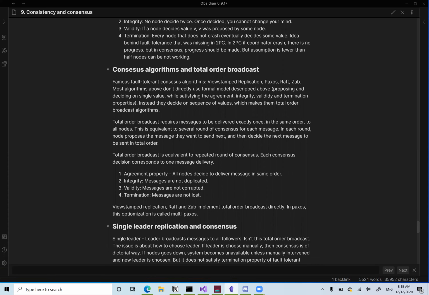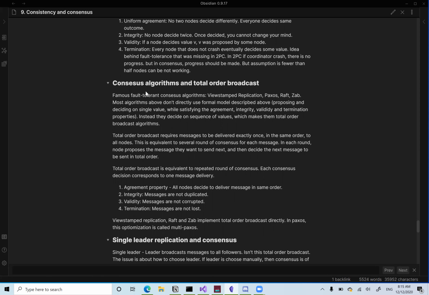So another thing different between two-phase commit and consensus is that in two-phase commit we need 4 messages, right? One we send from the coordinator to our node to say prepare, and then the node replies back to say okay, they're done with prepare. That's the second message.